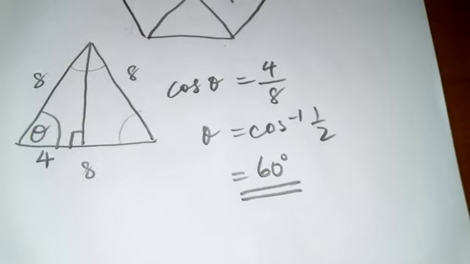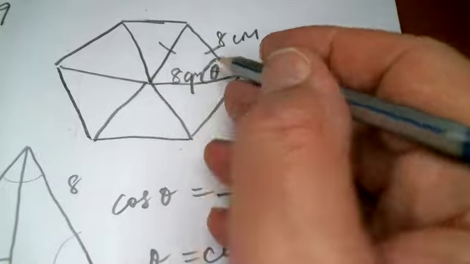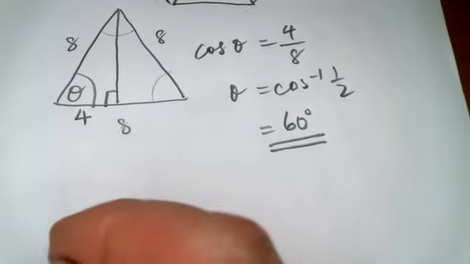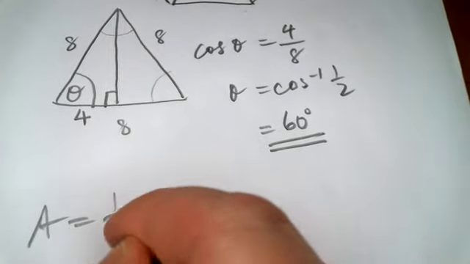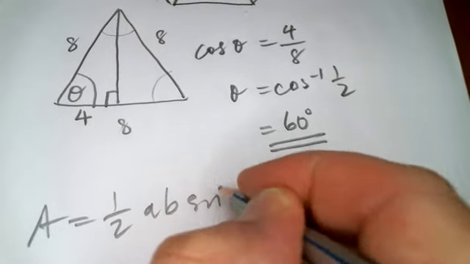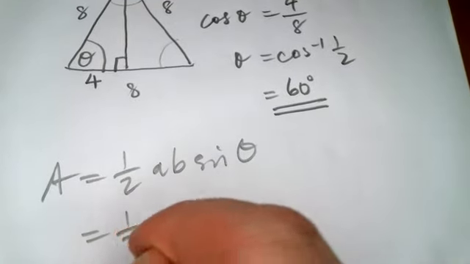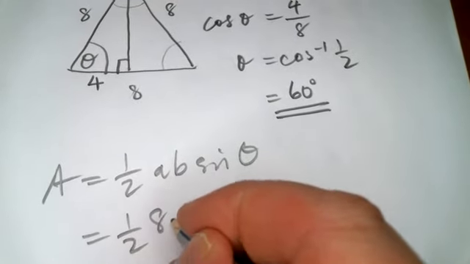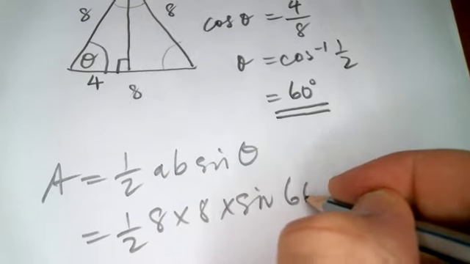So now we know they're 60, you could just go ahead and use the sine area rule. The area is equal to half ab sine theta. Now we know what theta is. So it's half times a, which is 8, times b, which is 8, times sine 60.